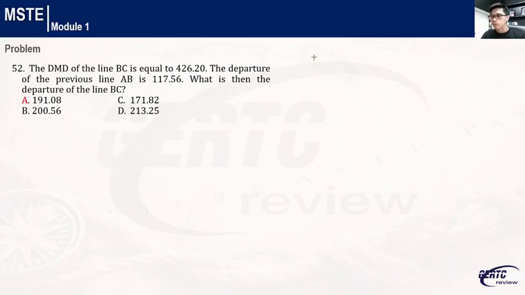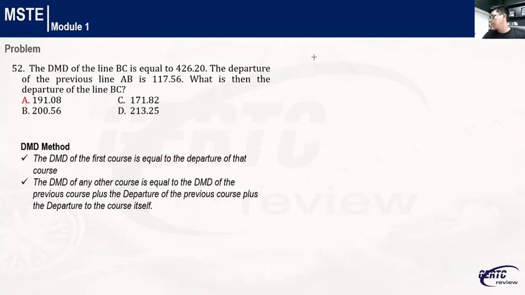Okay, so we'll be using the rule, no? Diba? We have the rule of DMD. So gamitin lang natin yung first two rules sa DMD, no? Double meridian method. So the DMD of the first course is equal to the departure of that course. Okay?